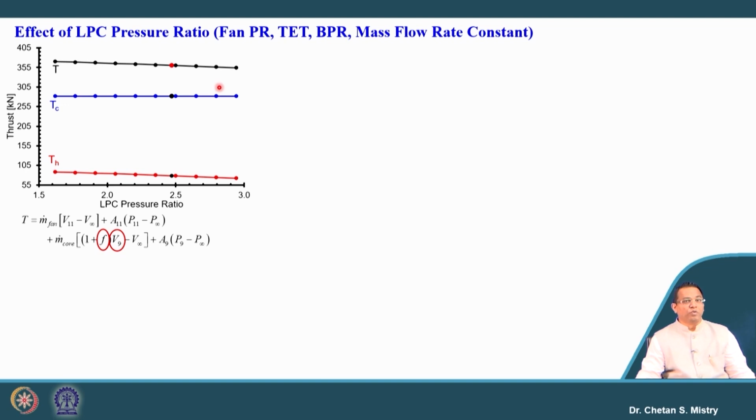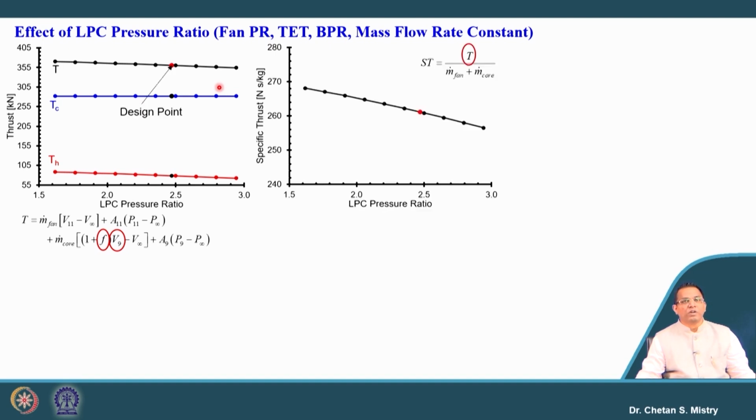Here again you can correlate that with the exit velocity and with the fuel air ratio. Now, in order to understand what is happening with the specific thrust: my thrust is reducing with the increase of LP pressure ratio.